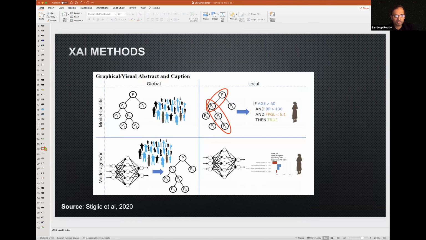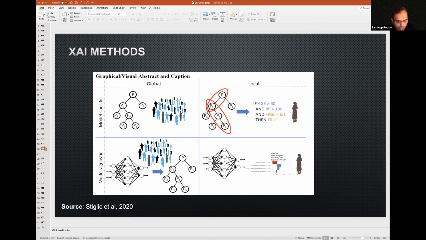Fortunately, we are starting to see the emergence of several solutions to address this explainability problem. There are post hoc solutions, there are intrinsic solutions, and so forth. But here we are looking at some of the post hoc solutions. And as Ethan mentioned earlier, we're starting to see some explainable AI frameworks.